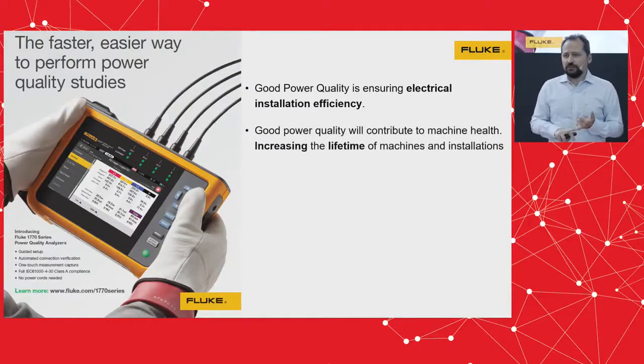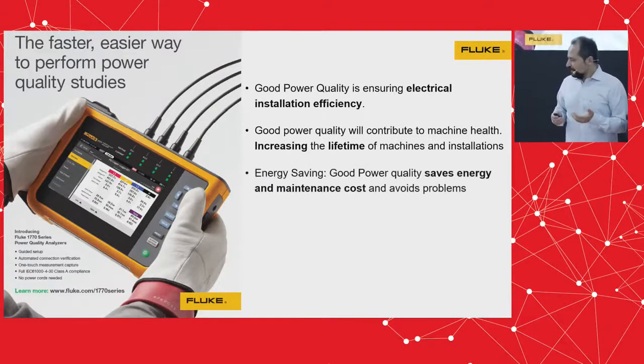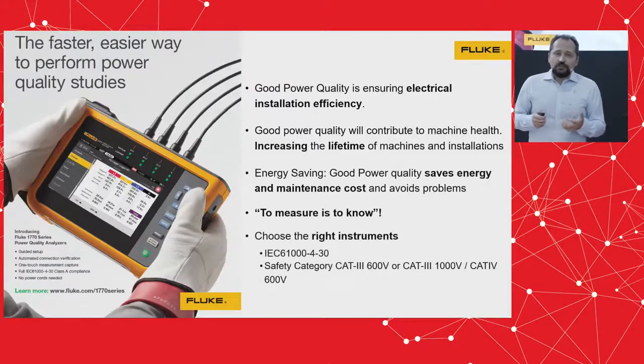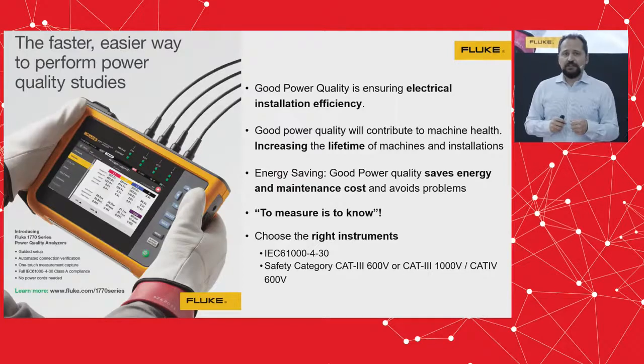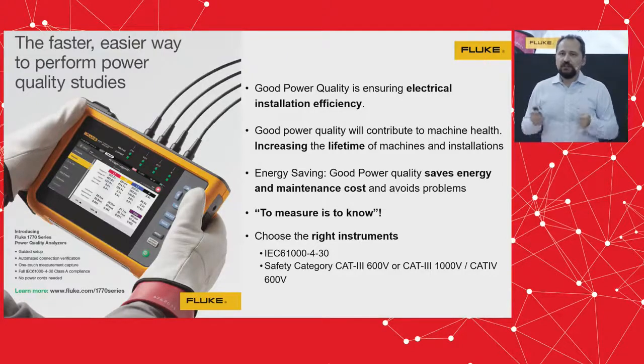That will ensure that you reduce maintenance costs and maximize the life cycle of your assets. Of course, you don't know what issues you have or where they are coming from unless you measure them. So absolutely, you need to include a power quality analyzer in your instrumentation to keep those under control and know what kind of issues you may have.